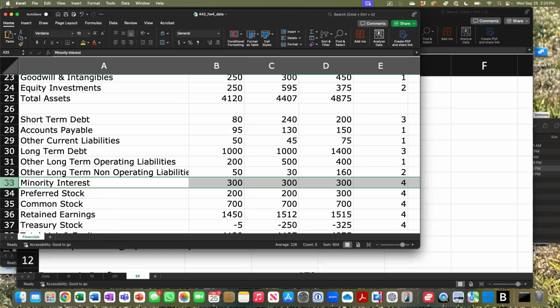Now, the government doesn't want to be chasing down everybody for taxes. What they say is, if you control a business, you pay all the taxes on the business. So as the majority owner, I pay 100% of the taxes, including the taxes on the minority stake.